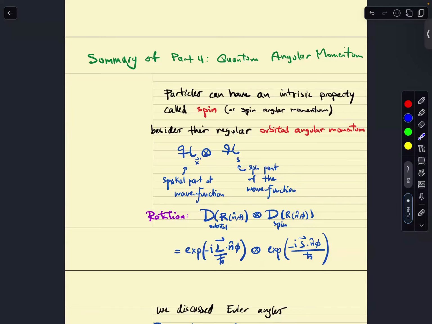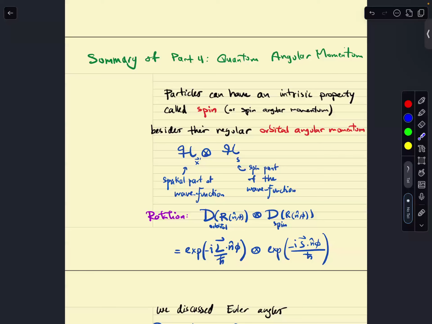So orbital angular momentum is the thing that's like r cross p, but spin angular momentum is some abstract concept, an abstract quantum property of the particle. And for example, when you talk about putting the system in some background magnetic field, both of them respond, right? The spin will rotate, and so will the spatial part of the wave function.